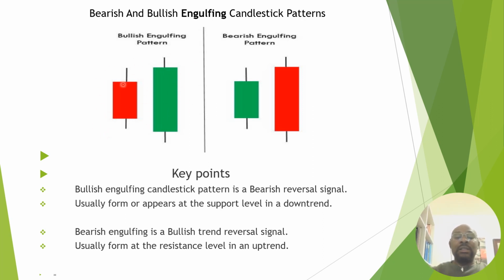And as soon as this one is fully printed like this, then the next bar, which is the green candle here that we see, represents the change of character, the bearish signal that is about to change.